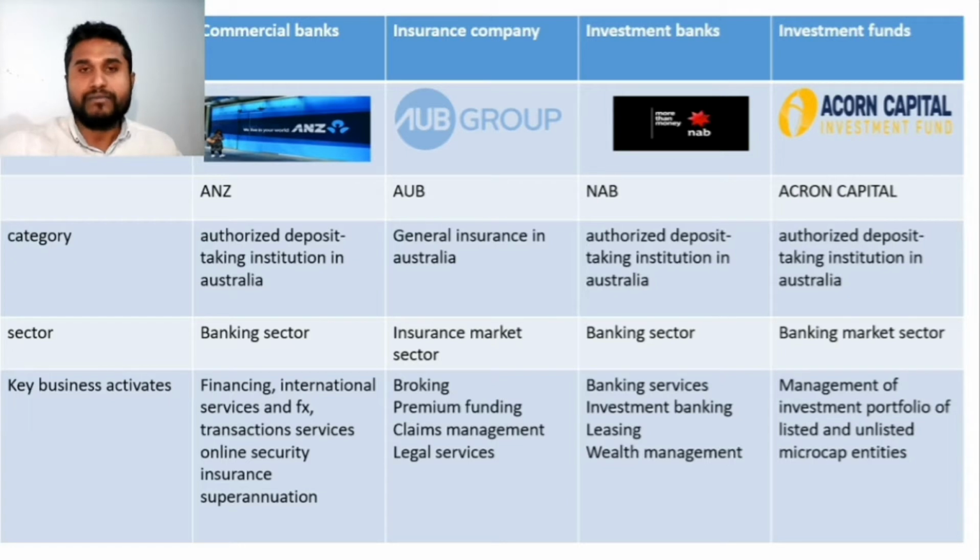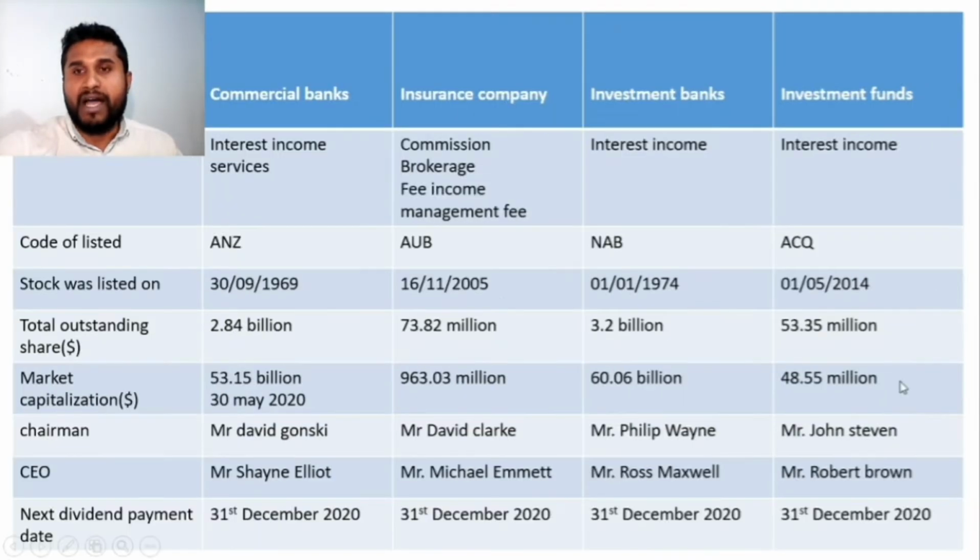Here there are four key financial institutions in Australia: commercial banks, insurance companies, investment banks and investment funds. There are many classifications, as you can see, showing which category they fall under and which sector they run their business in, and also their key business activities. ANZ, AUB, NAB and Acron Capital I have selected for the presentation.